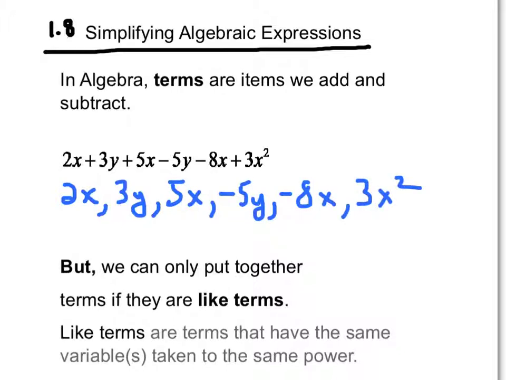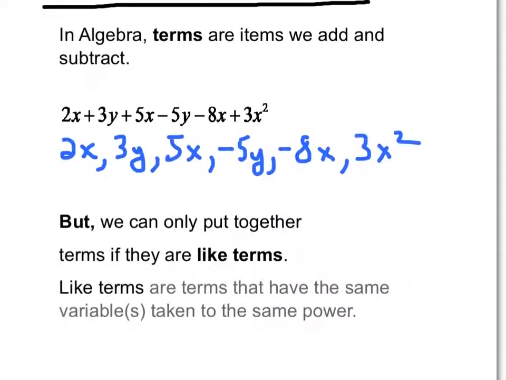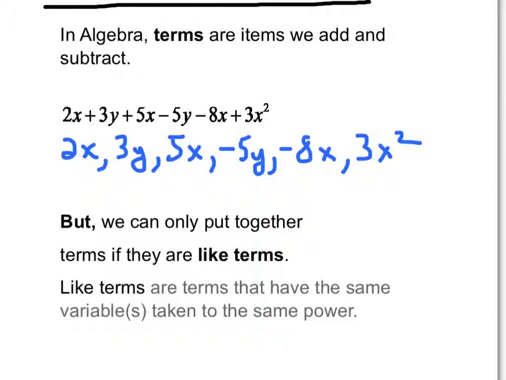Now, like terms are the items that we're going to be able to put together in an algebraic expression when we're simplifying. Like terms, and again, terms are the items that we add and subtract, are the terms that have the same variable. So you'll notice we have x's and we have y's, and for them to be like terms, they also have to be to the same power.